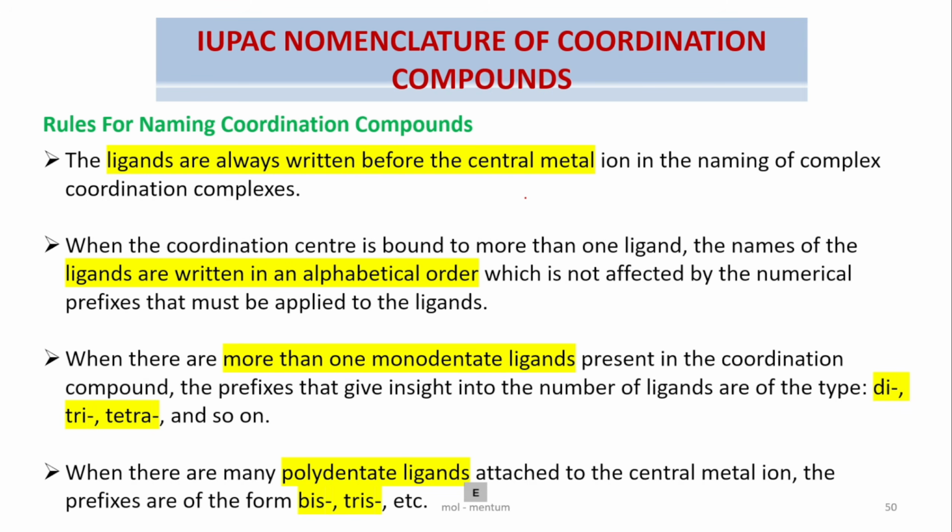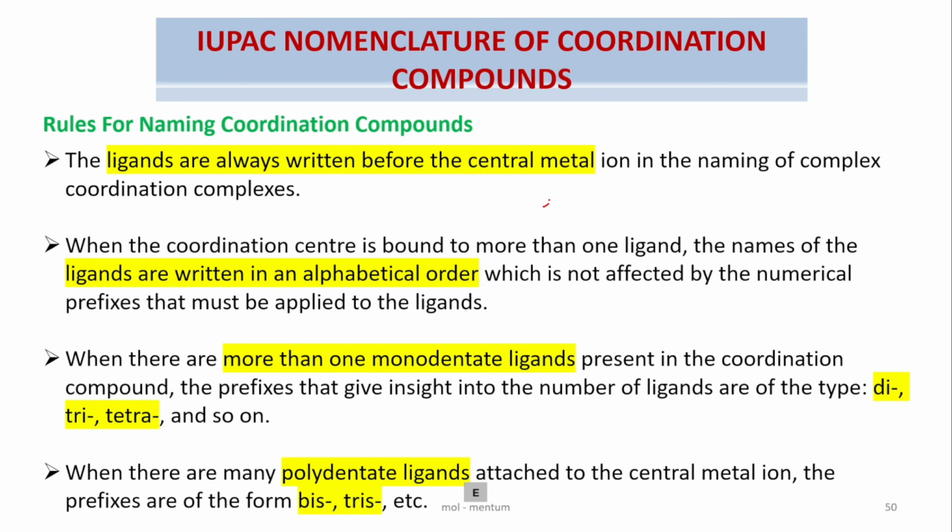So when we are naming polydentate ligands, the prefixes are bis, tris. You can see this one. Suppose I am writing en3. So now the name will be tris ethylenediamine. If it is en4, it will be tetrakis.